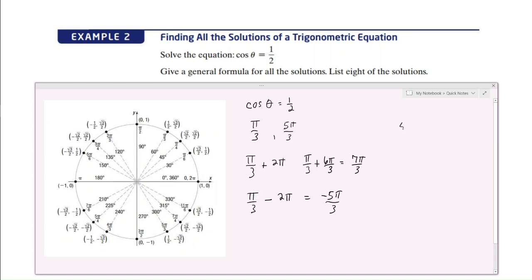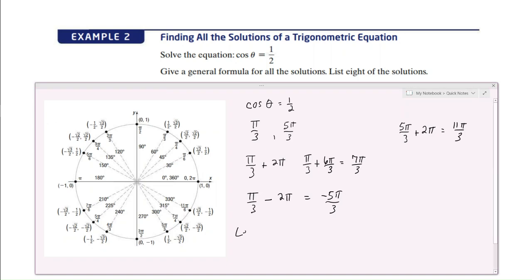Also, if I start at 5 pi over 3 and I add a 2 pi, I'm going to get 11 pi over 3, and so on. So we want a generic way to say this.